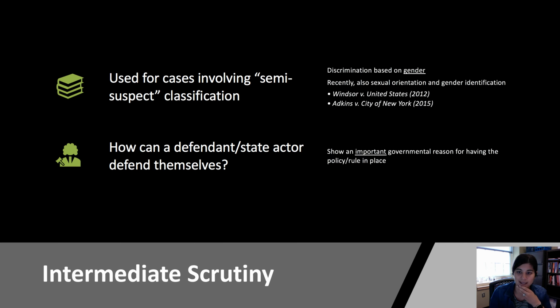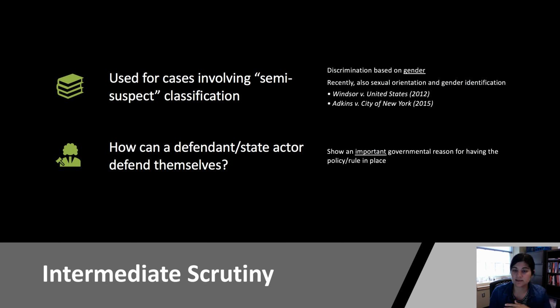an intermediate scrutiny case. Now keep in mind that in recent years, this particular level of scrutiny has also included cases of sexual orientation and gender identification. Like I've mentioned before, even though the constitutional amendment was put in place decades ago, it's still evolving and changing in terms of how the court applies it.